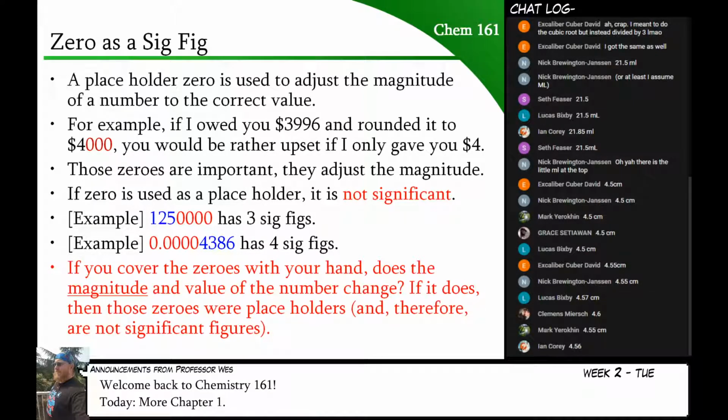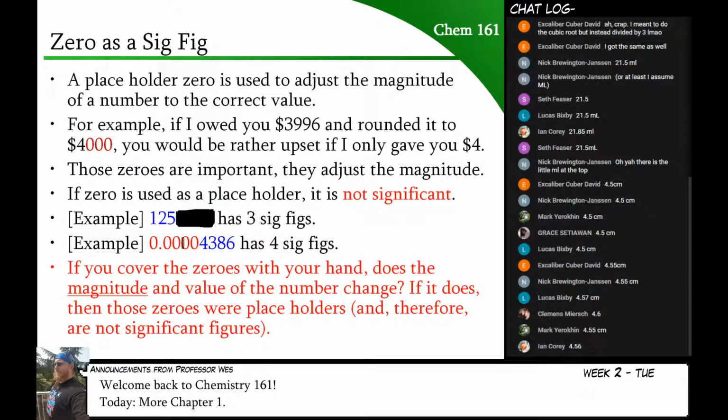Now, a way to think of this is that if you take your number and you just black out or highlight away the zeros, and the value of your number changes. So, for example, I have 1,250,000 here, but if I do this, now I have 125. Those are very different numbers, so those zeros must be placeholders. The same thing happens if I have preceding zeros here in a decimal.